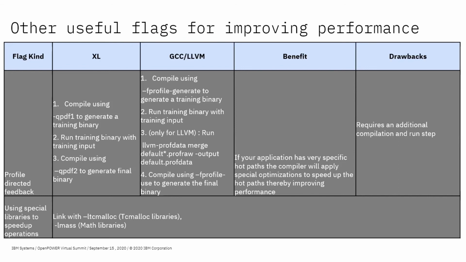So any discussion on compiler performance is incomplete without mentioning libraries. Any application, the libraries form a very important part, right? Even if you speak about simple memory allocation routines or math routines that we have encountered, and there are several new libraries, especially now in the AI space.